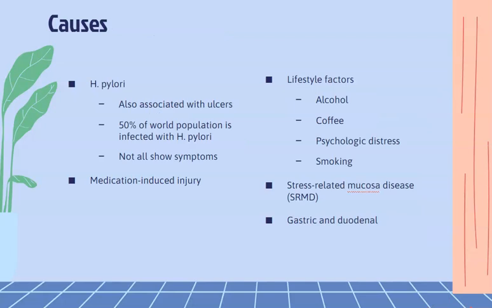Moving on to causes of peptic ulcer diseases. H. pylori, the Helicobacter pylori bacteria, is one of the most common reasons that a client is going to develop a peptic ulcer. About 50% of the population in the world is infected with H. pylori, but not everyone is going to have symptoms.